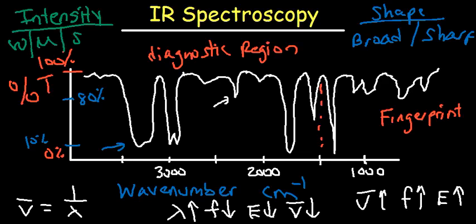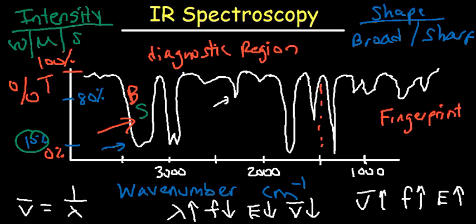So, how would you describe this signal? Would you say it's broad or sharp? This signal would be broad because it's very wide. Now, what about its intensity? Would you say it's weak, medium, or strong? Because it has a low transmittance, which is a high absorbance, the intensity is described as strong.